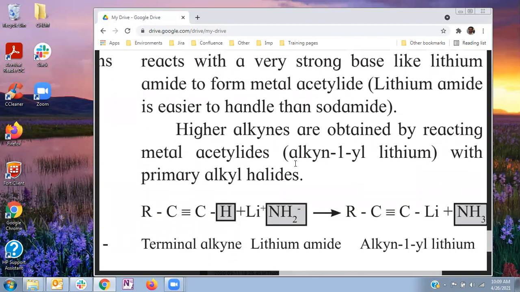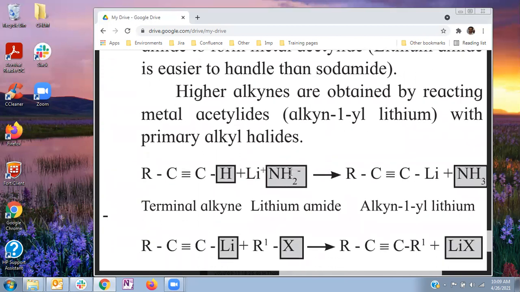Higher alkynes are obtained by reacting the metal acetylide, that is alkyn-1-yl lithium, with a primary alkyl halide.